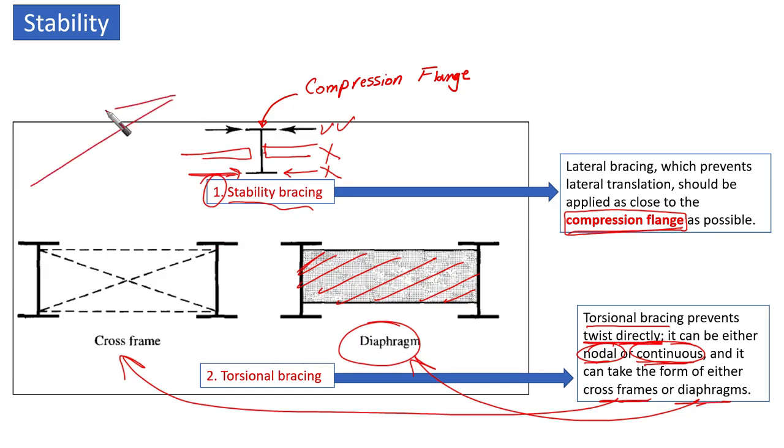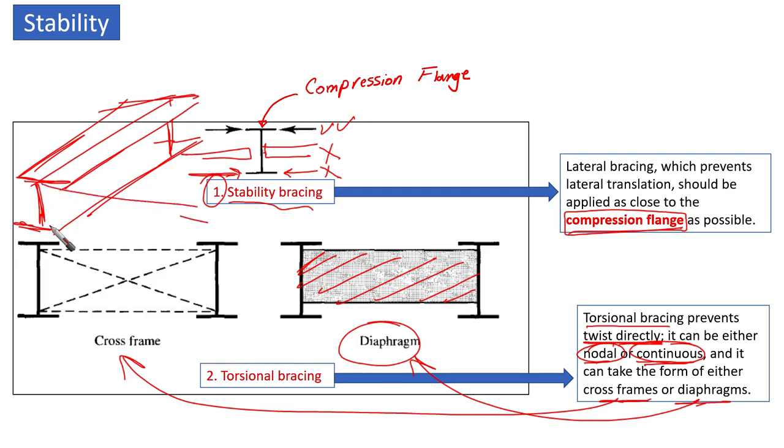If we have the cross section, for example, if this is the cross section and this is the flange here and the web, we can control this by putting something laterally. Okay, we can put something laterally here.